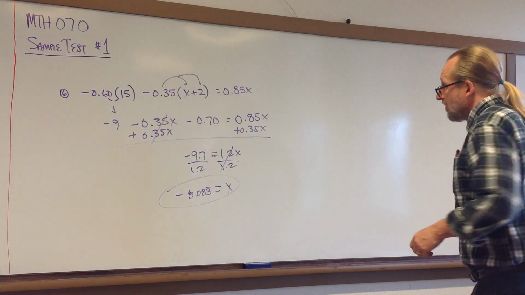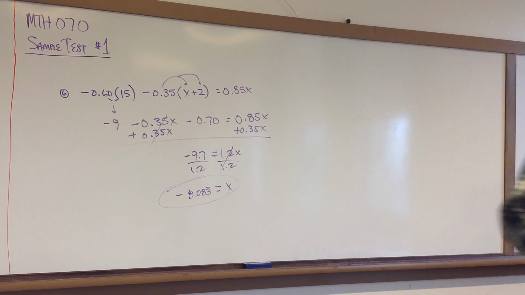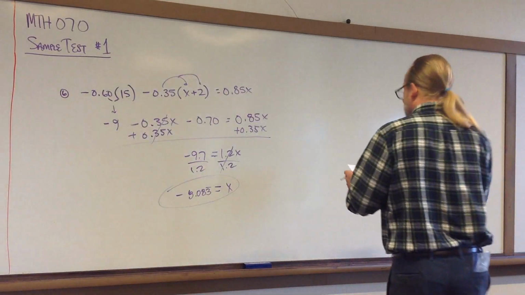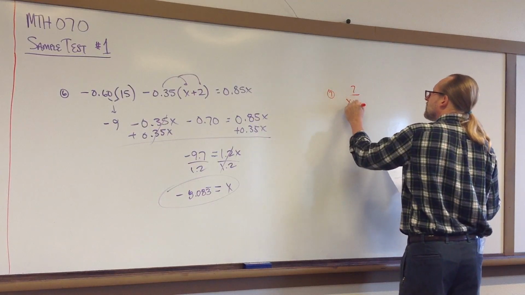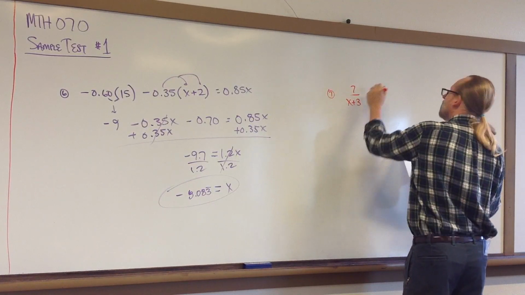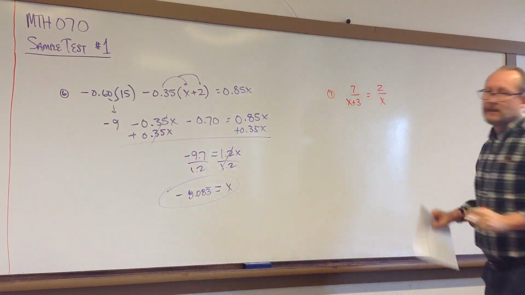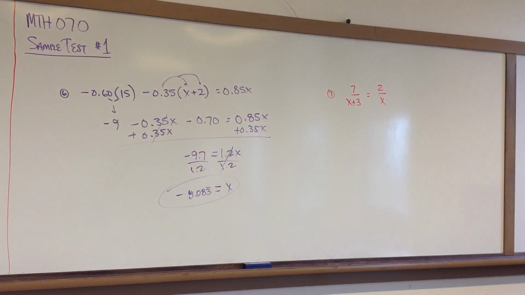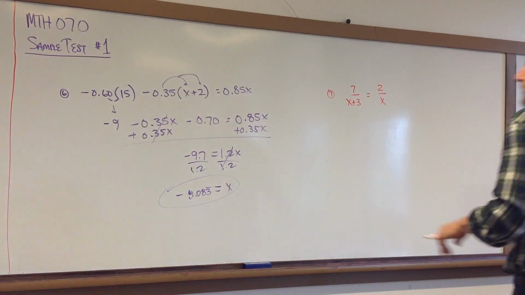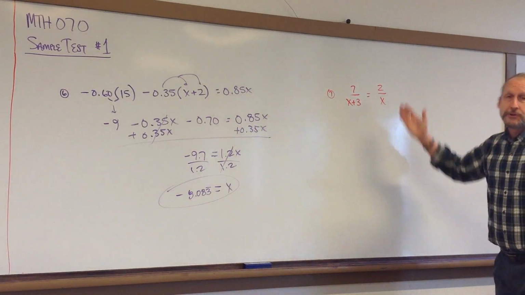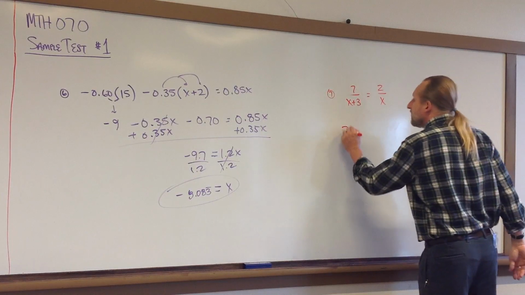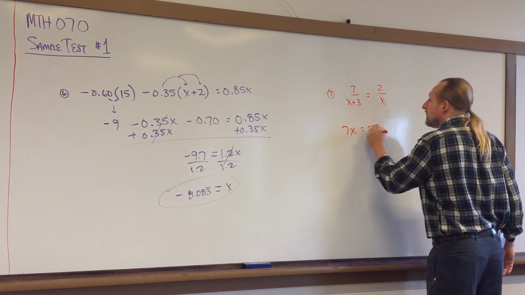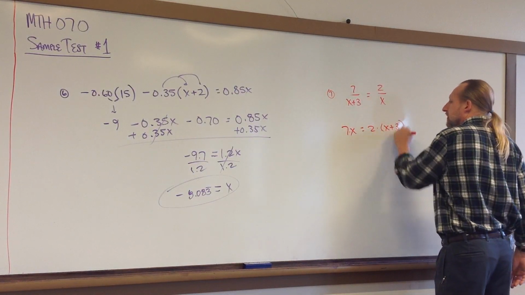Okay. Let's see here. Problem 7. 7 over x plus 3 equals 2 over x. So with these proportions, if you've got a fraction equal to a fraction, the way we talked about solving these is to cross multiply. 7 times x equals 2 times x plus 3.